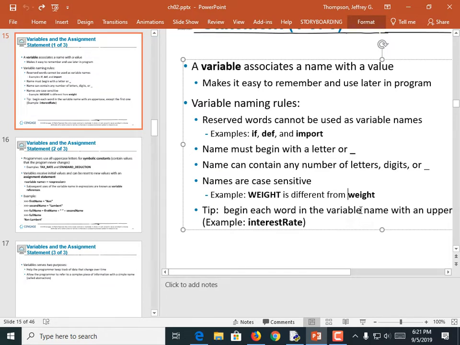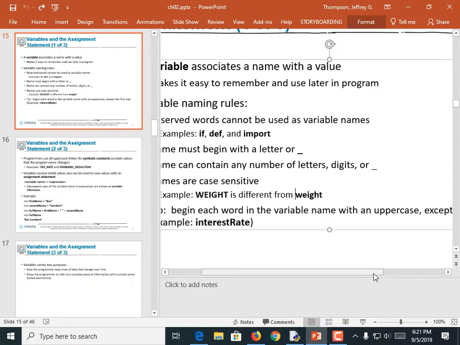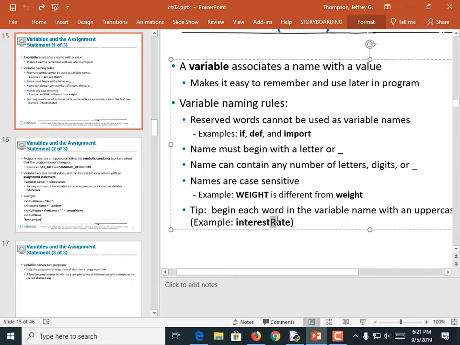Tip, begin each word in the variable name with an uppercase letter. Very common way of doing it. If you started programming in the 70s, you probably used underscores. After that, this became the most common way of doing it.